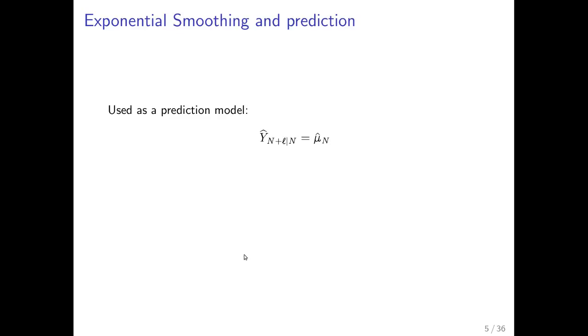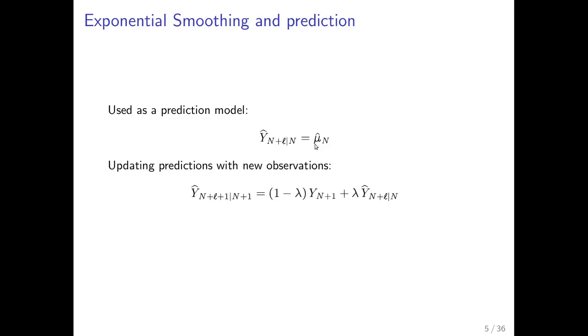That also means, since we are estimating a constant, when you're predicting with it, no matter the prediction horizon L, the prediction will be constant. And we can also update predictions of whatever horizon. The formula is pretty much like the one on the previous slide; the only difference is that now we have an L included.